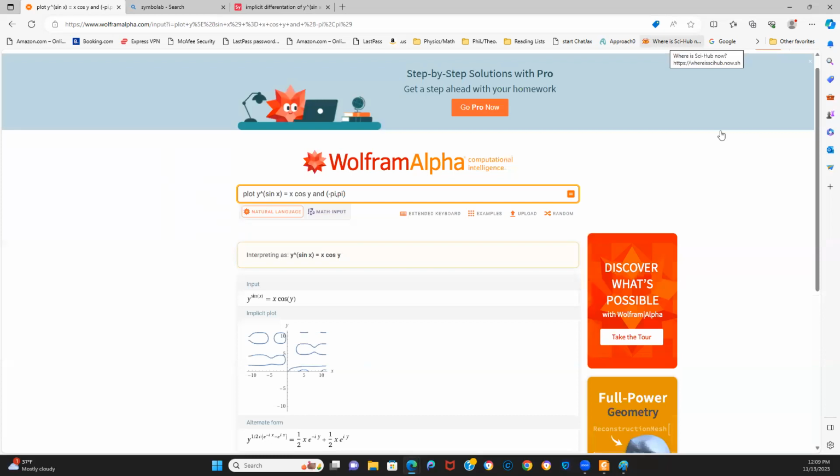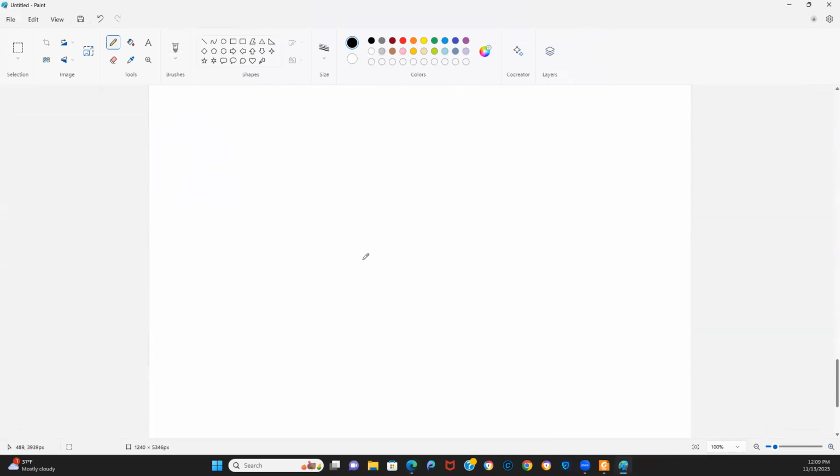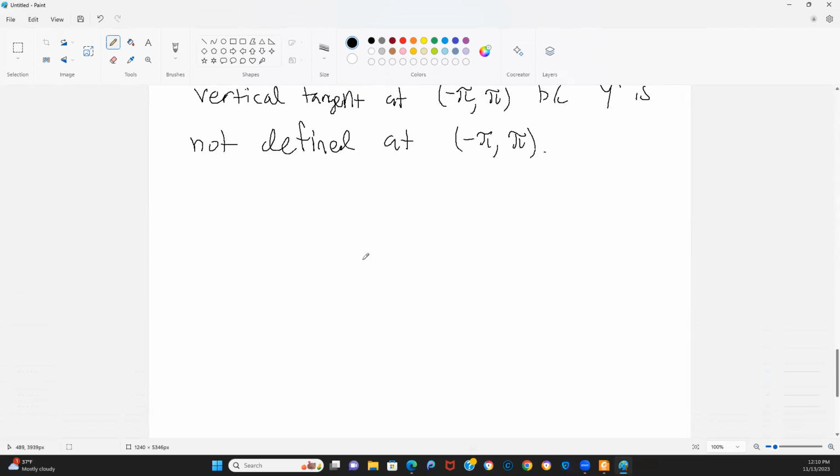I could try it, but I might screw up the diagram. So basically this is the cube problem. Let me see if I can draw a cube. I don't think so. Actually, I can do it like this.